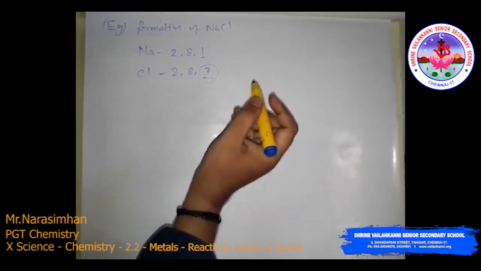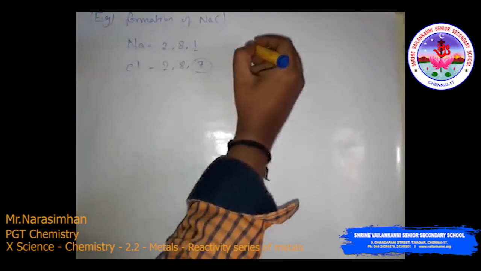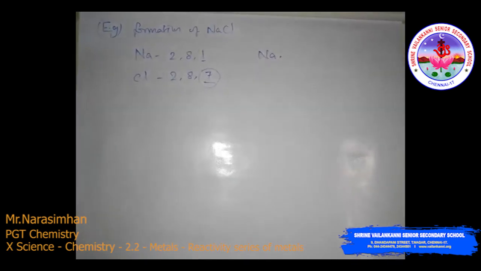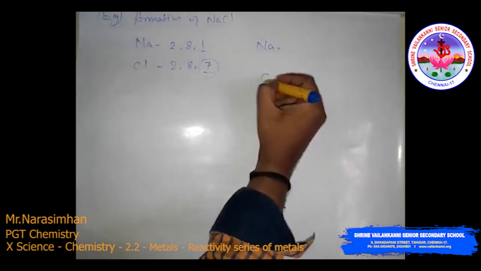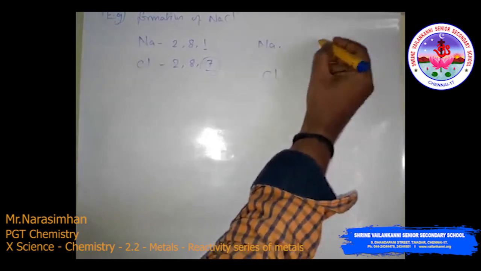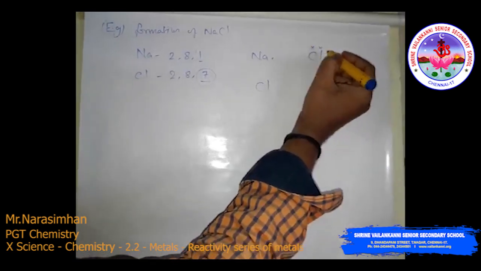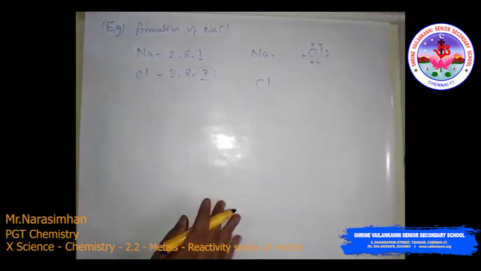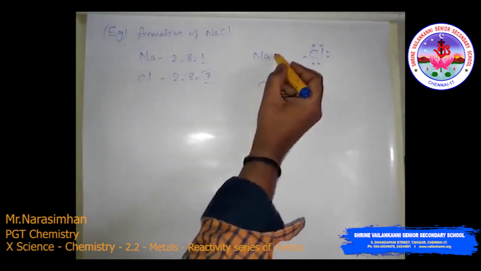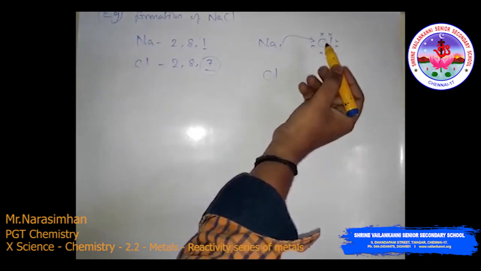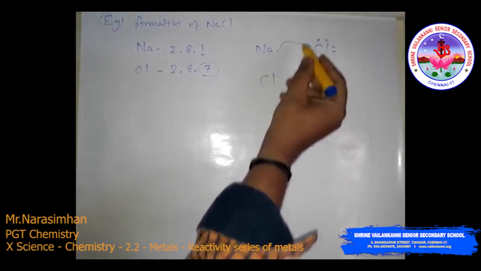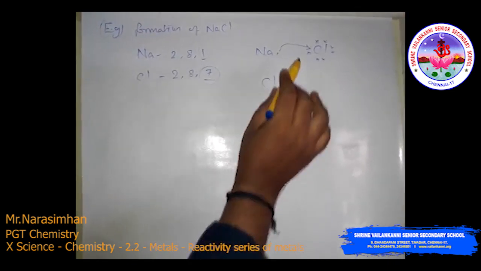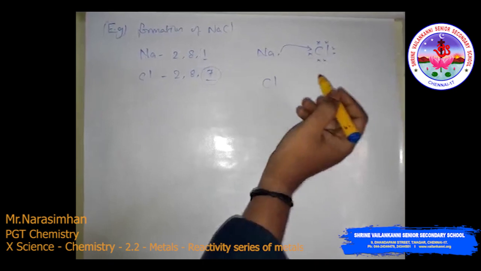Na has 1 electron, and chlorine has 7 electrons. That 1 electron joins here, so it attains the octet configuration, and its valence shell is filled, so it forms an ionic compound.